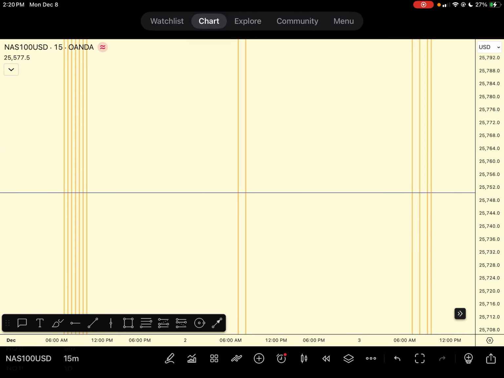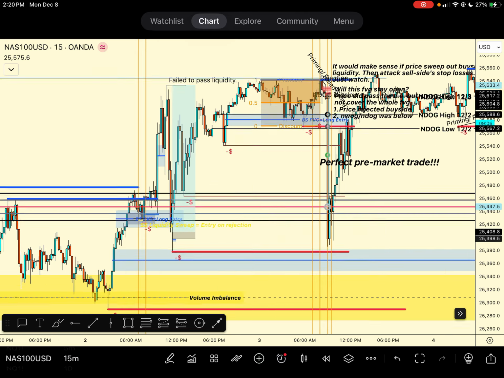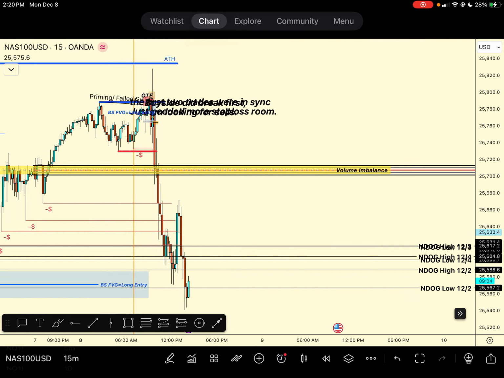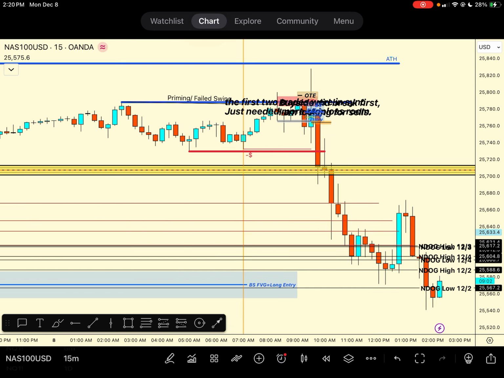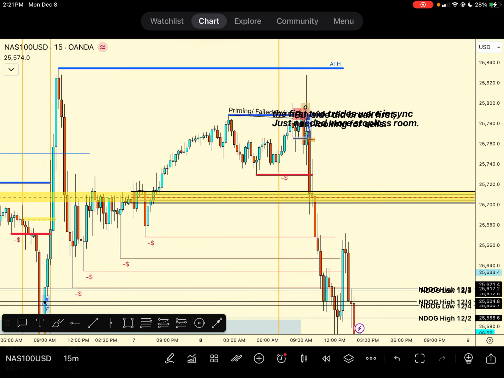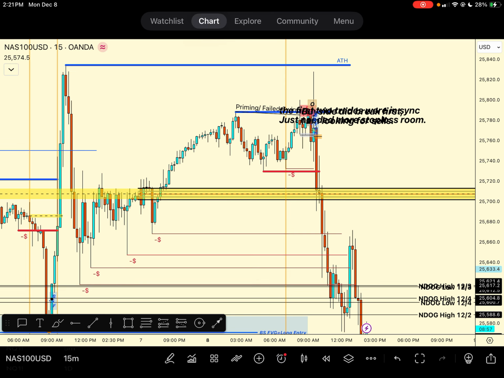So it's loading. Around that time this morning, we see that price looks like it's moving on up to take out this high here, this all-time high. Looks like it's building up to look kind of bullish.